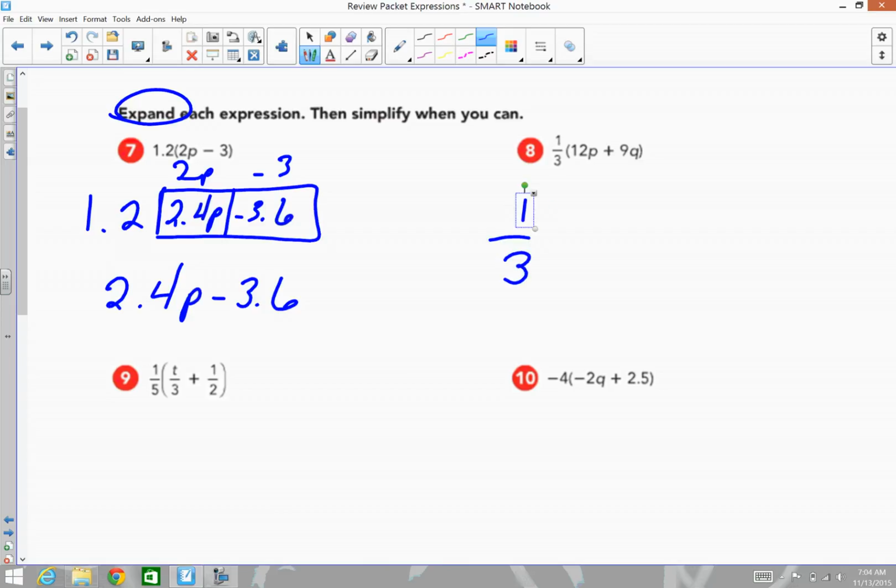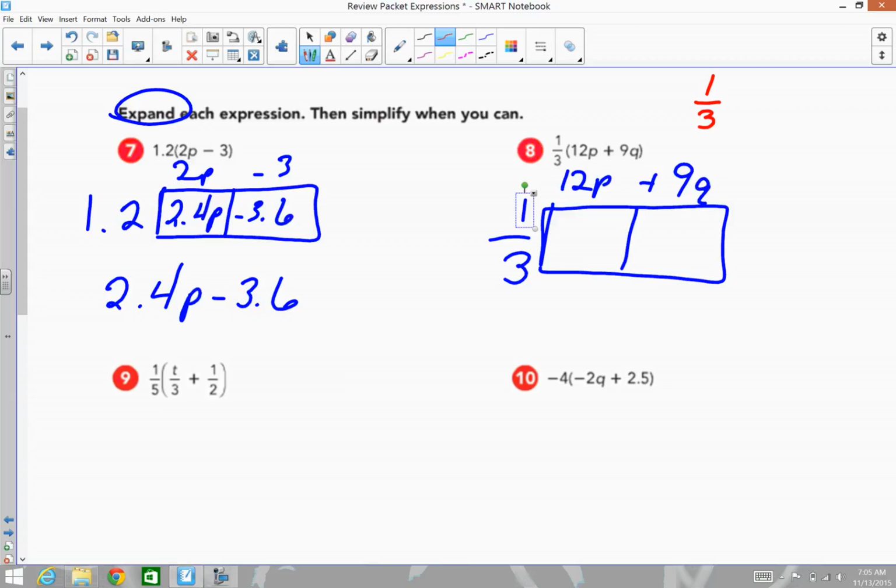Next, we have 1/3 on the side, 12p up top, and then plus 9q up top. Okay, now this one I would take the time to do the work off to the side. 1/3 times 12p over 1. Okay, well, 1 times 12p is 12p, and 3 times 1 is 3, but 12 divided by 3 is 4.